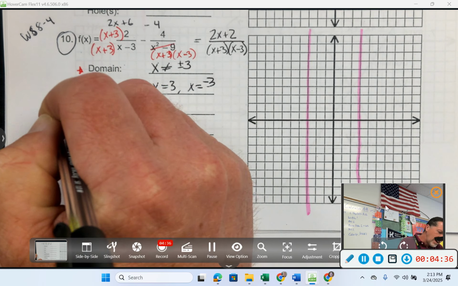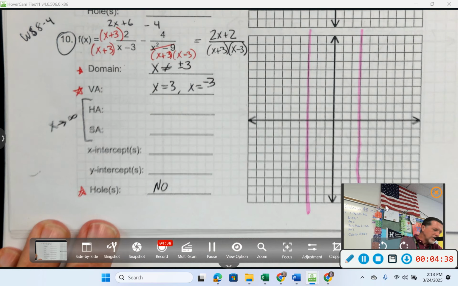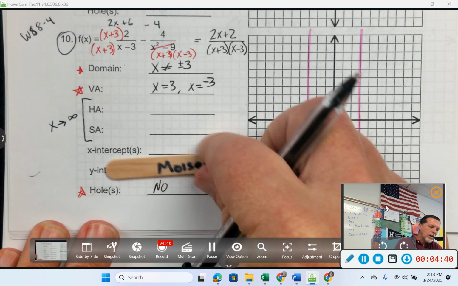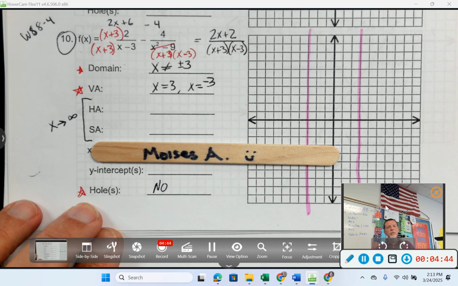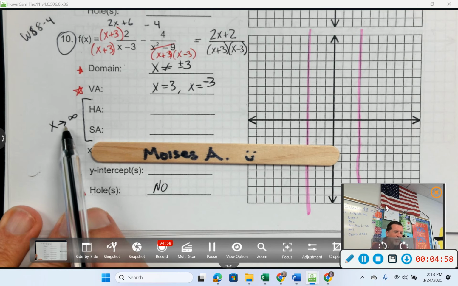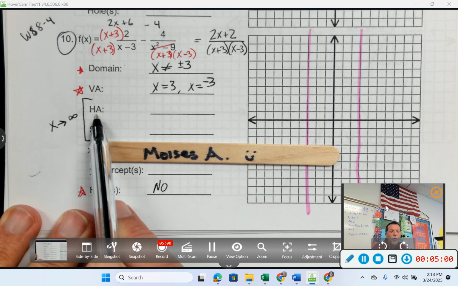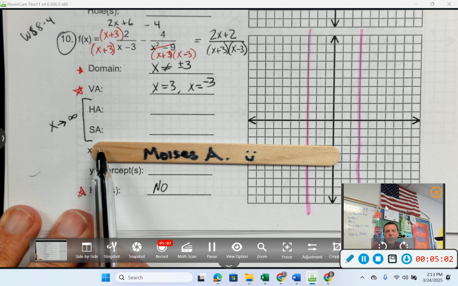All right, the horizontal or slant asymptote. Moises, what do we got going on here? When x gets really big, what does y approach? When x gets really big, that's how we figure out if we have a horizontal or a slant asymptote.